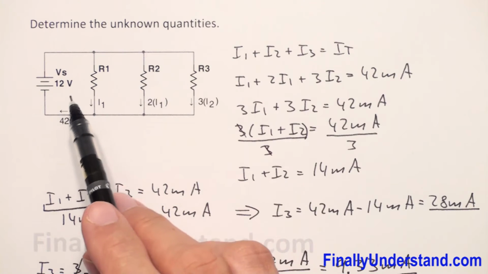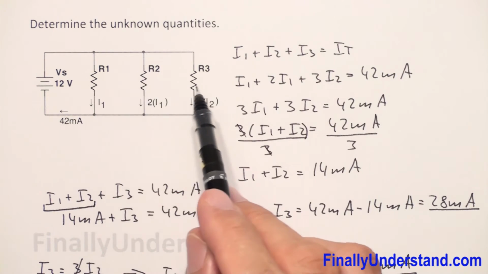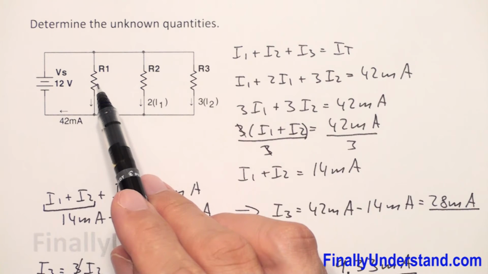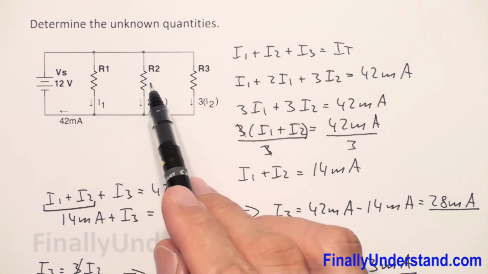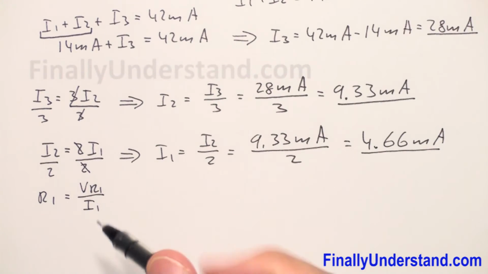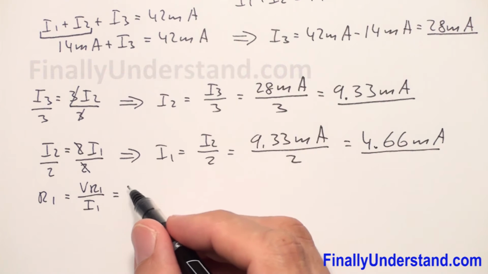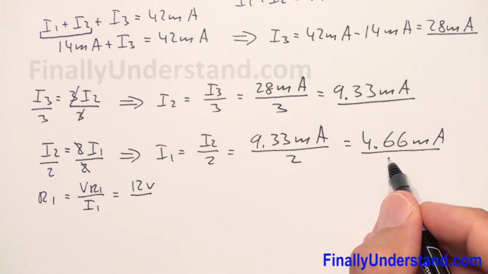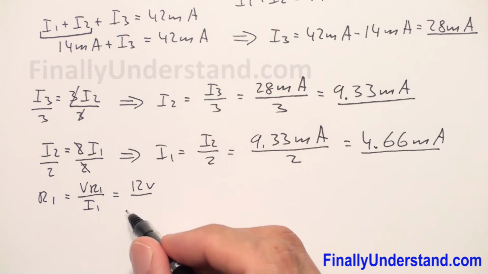In the parallel circuit, the voltage across each resistor is equal to the voltage source. So VR1 is equal to 12, VR2 is equal to 12, VR3 is equal to 12. That's why I'm going to use over here 12 volts. So I have 12 volts divided by I1. This is 4.66 milliamps.